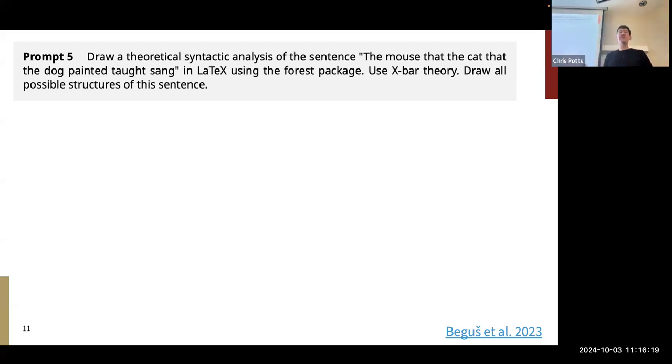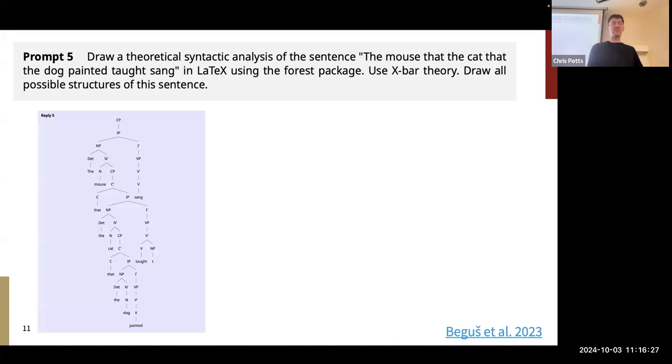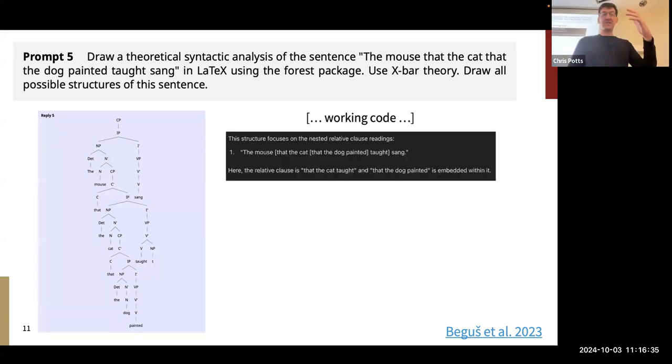And here the request is not only that, but parse it using the forest package from LaTeX and give it an X-bar theory. So here, Gašper got it to do it. This is a very nice tree. I'm sure it's too small to read, but a very nice tree. I did the same thing. It offered me working LaTeX code, and then it offered a really nice explanation of center embedding of the sort that you might be asking students to produce on a homework.